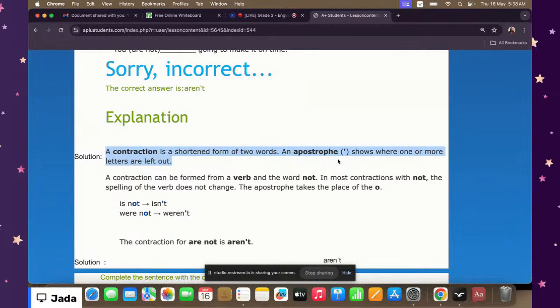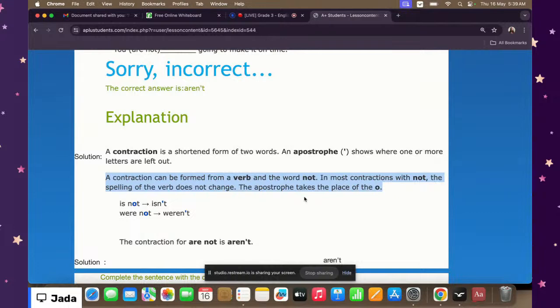Now we are moving on to contractions with not. A contraction can be formed from a verb and the word not. The one that we just finished was the pronoun. Now we are moving on to contractions formed with verbs and the word not. In most contractions with not, the spelling of the verb does not change.